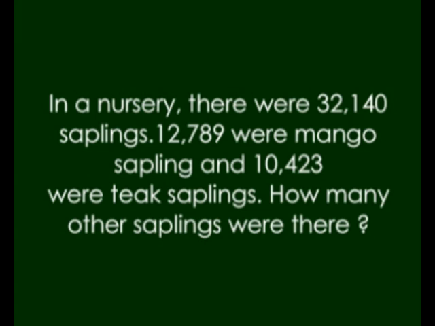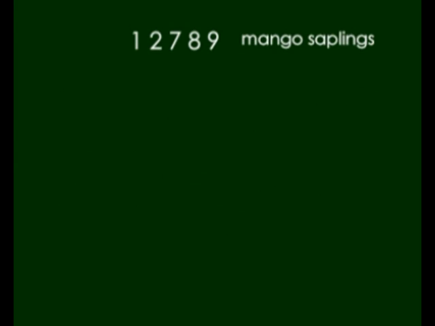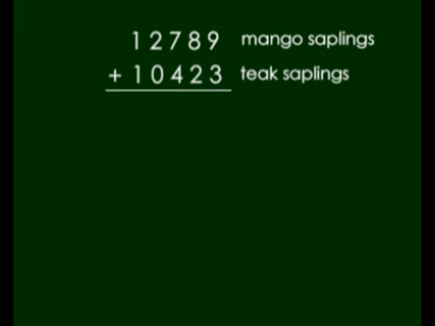First, we will add mango saplings and teak saplings. 12,789 mango saplings plus 10,423 teak saplings. Adding the two, we get 23,212 total saplings.